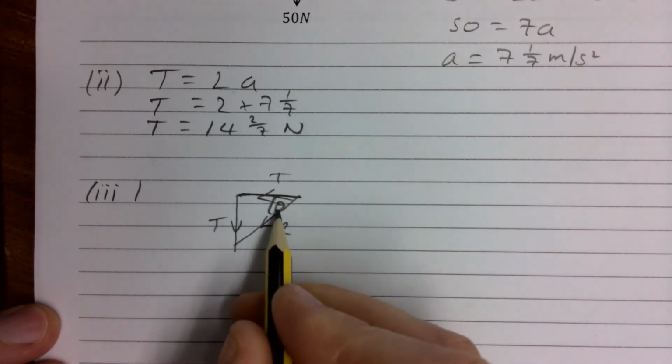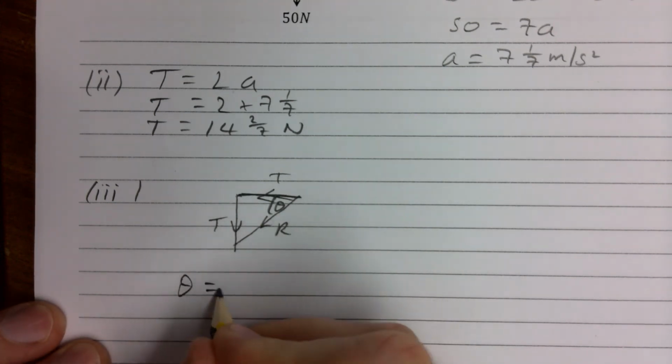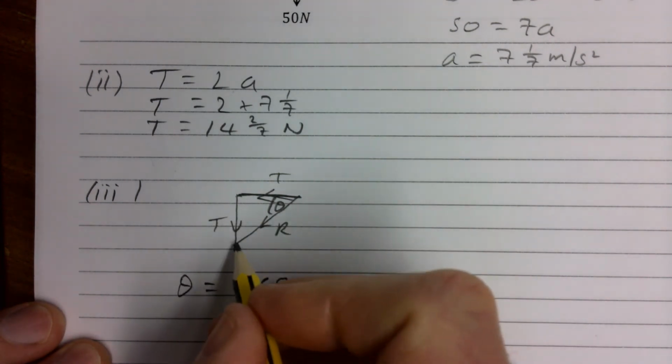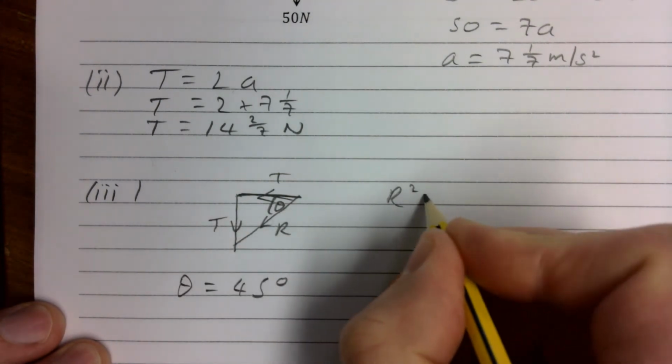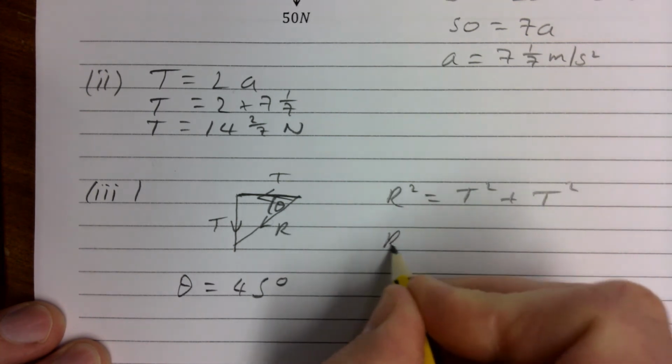Because the tensions are equal, then our angle is going to be 45 degrees. You can do T over T and you'll get the same thing either way, but our angle then is 45 degrees. That's the way it's acting. In terms of working out R, R squared equals T squared plus T squared. That's using Pythagoras.